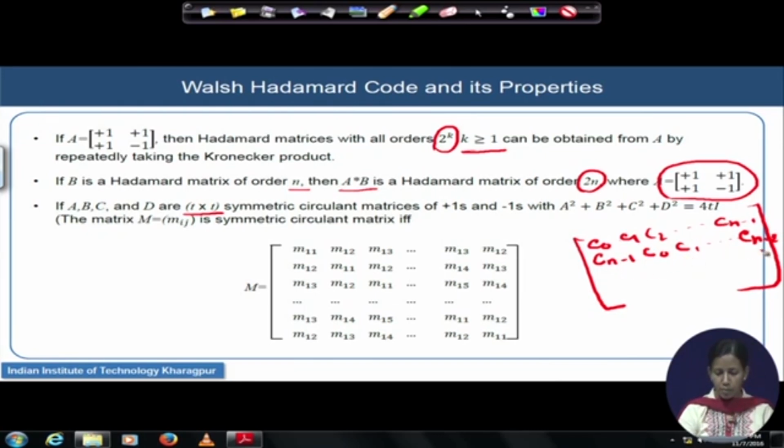All the elements of the matrix are circularly rotating. If this property is observed, we say this is a symmetric circulant matrix.